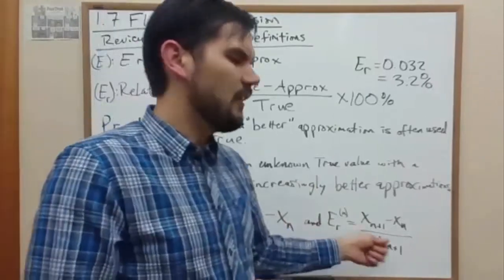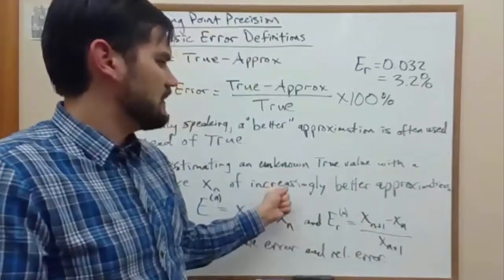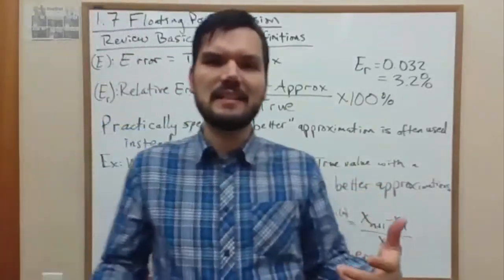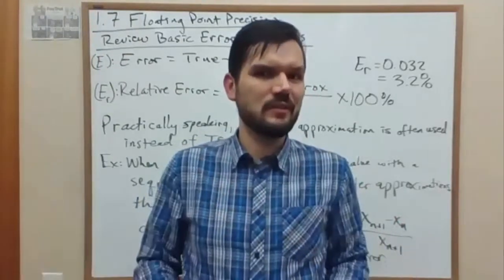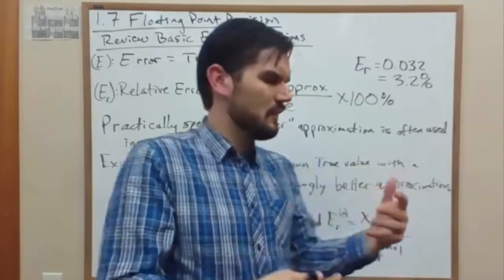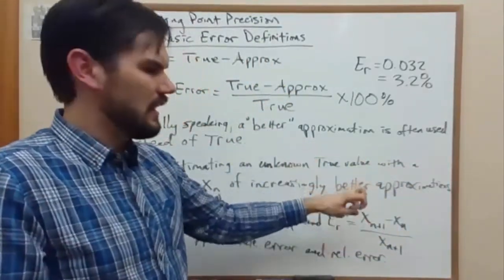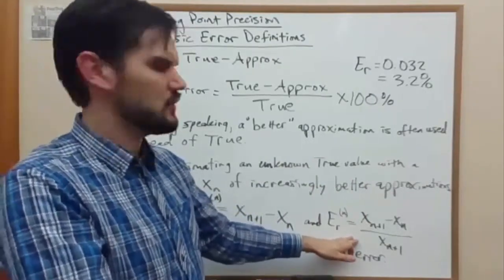And they are good definitions as long as we have a sequence of increasingly better approximations, which means that your estimate, your algorithm, is getting closer to that true solution. So as a layer of abstraction, we have a detail that allows us to tell the computer when to stop, a stopping condition.